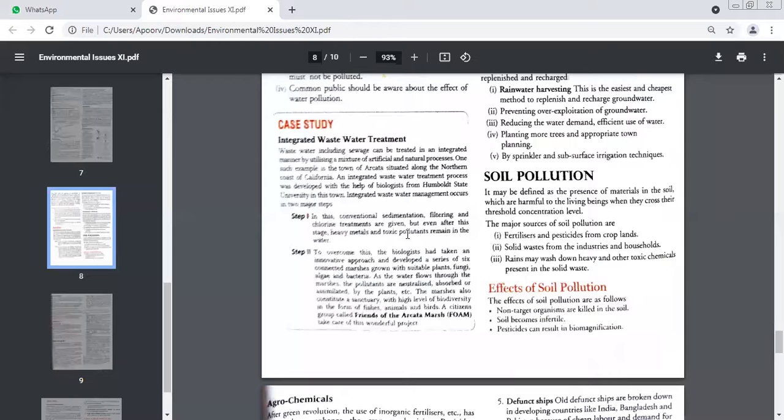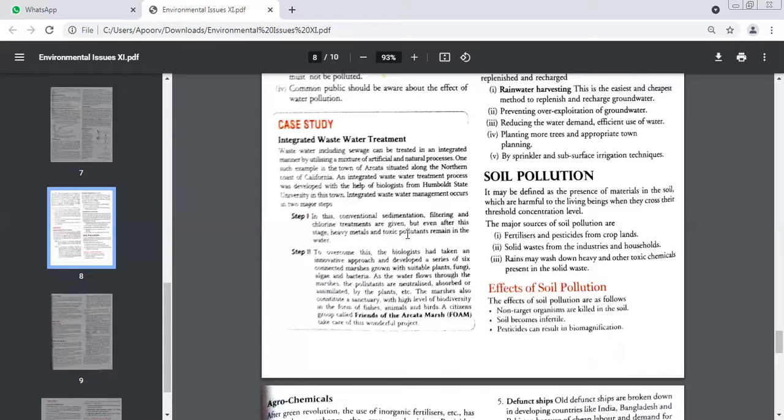Which town are we talking about? Arcata. Yes, it is Arcata. Where is it situated? California. It is situated in California, this town. This is integrated wastewater treatment. Why do we call this wastewater treatment as integrated wastewater treatment? Anyone?